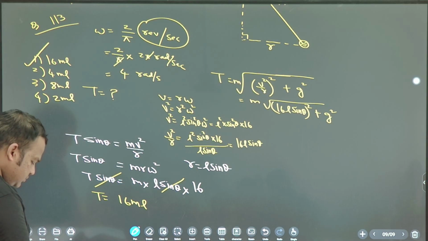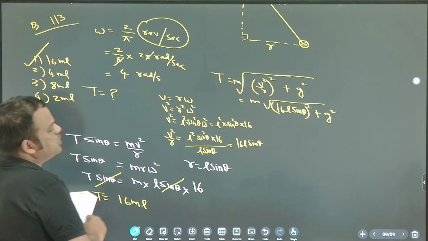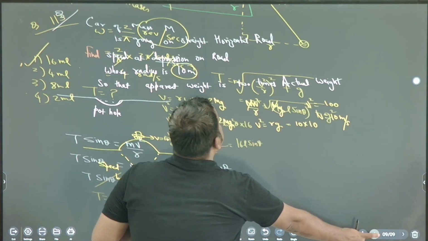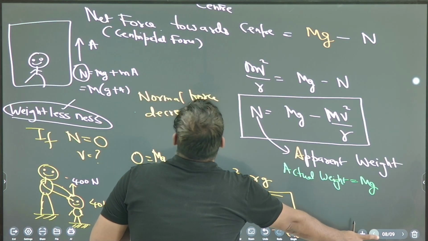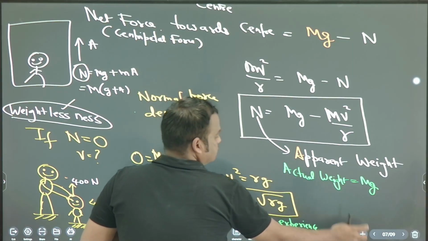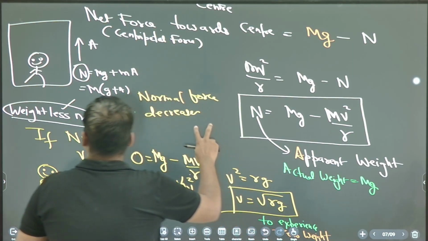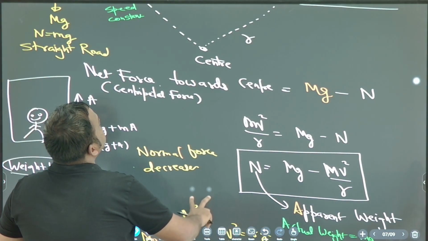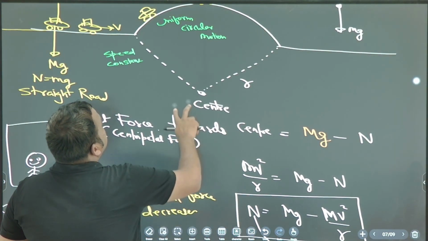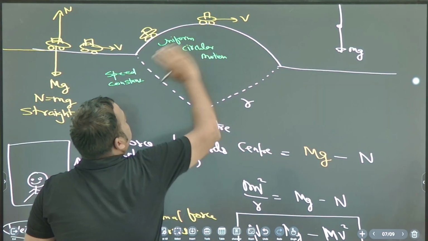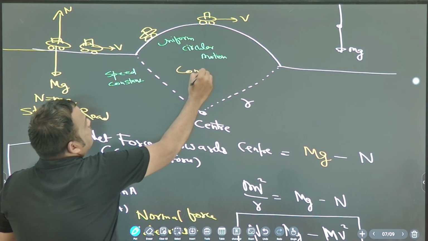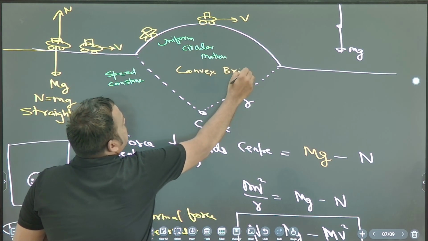Convex bridge. This is also known as convex bridge. This one. Okay, convex bridge.